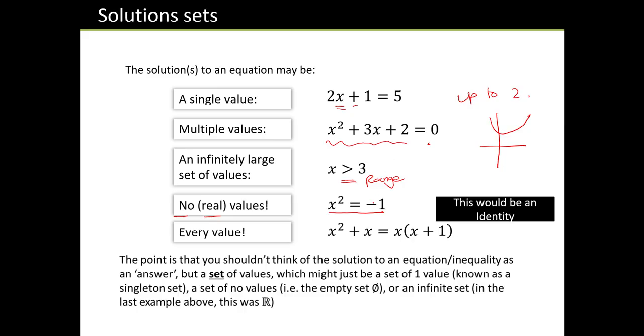This is reserved for further maths. And this one here is in fact an identity. You can have 3 lines sometimes. This is when any value of x solves the left and the right, and the reason for that is because they're different ways of writing the same thing.